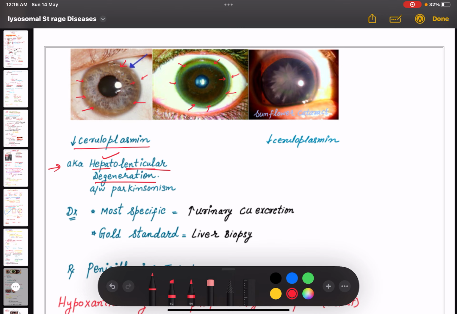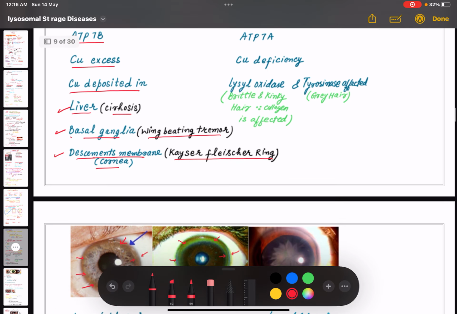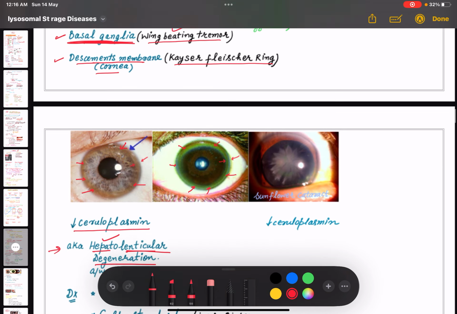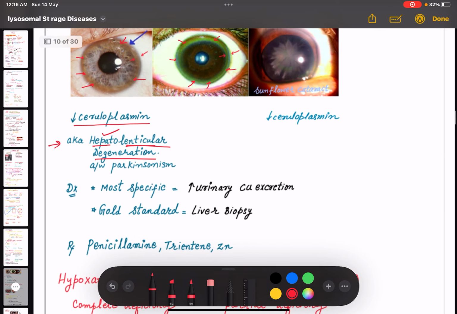There is degeneration of the lentiform nucleus. The lentiform nucleus itself is a part of the basal ganglia. That's why you will get wing beating tremors. If the lentiform nucleus is involved, this patient is also associated with Parkinsonism.